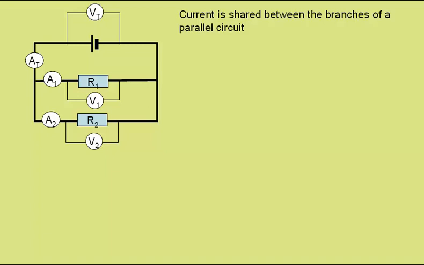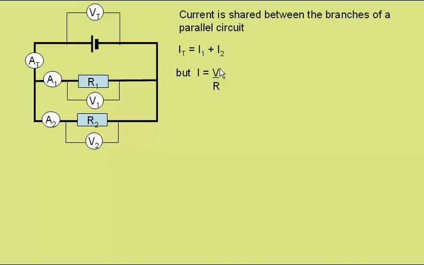We know that the current is shared between the branches of a parallel circuit, and so we can write that the total current, that running through the supply, will be equal to the current through resistor 1 plus the current through resistor 2. But from Ohm's law we know that current is equal to potential difference divided by resistance.